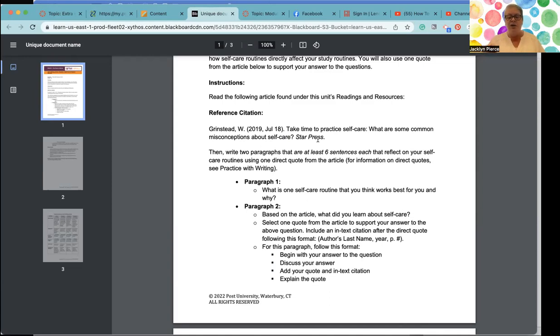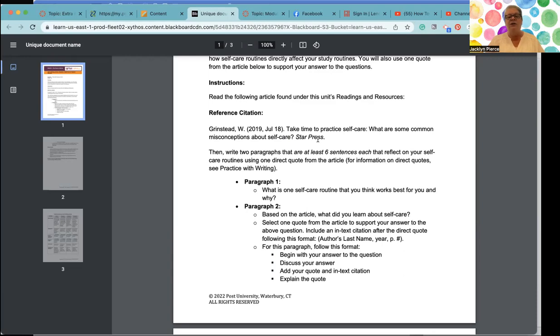Then in the second paragraph, you have to talk about the article. Based on the article, what have you learned or what did you learn about self-care? So not only thinking about self-care and talking about self-care and doing the other self-care assignments, but what did you specifically learn about self-care reading the article by Grinstead from the Star Press? Select 1 quotation from the article to support your answer to the above question.